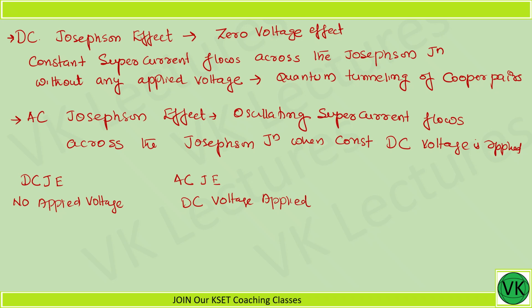When no voltage is applied, you have a constant current. When DC voltage is applied, you have an oscillating current. So when no voltage is applied, V is 0; here V is not equal to 0, and here we have an oscillating current, there we have a constant current.